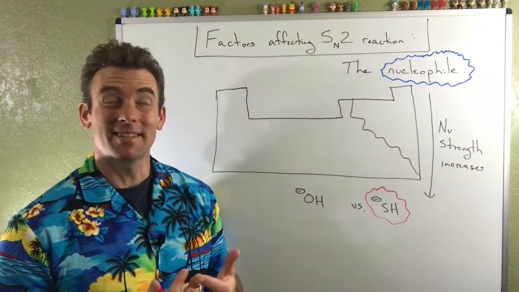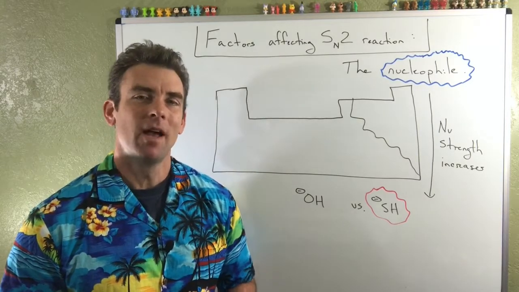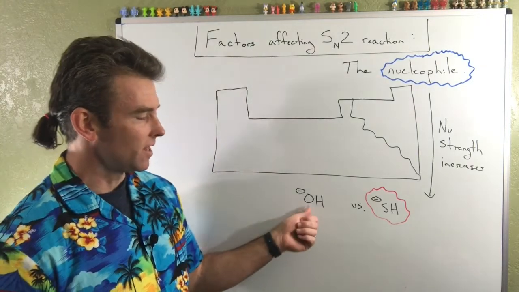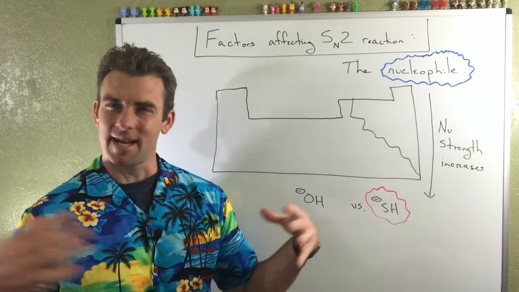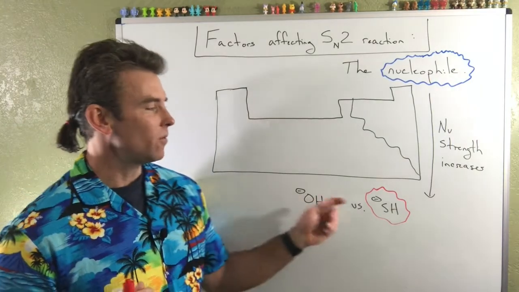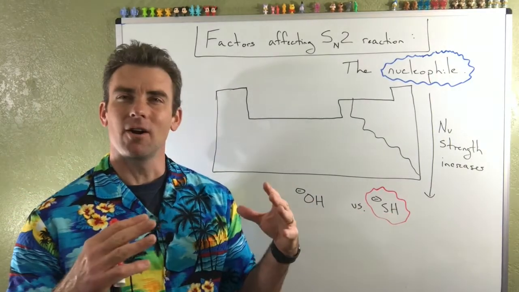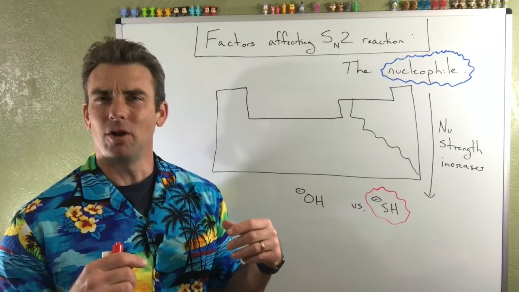If you're ever asked to explain the reasons for that, that's where things get a little funkier. And that has to do with the size of these different atoms. If you remember that atomic size increases as you go down the table, what we're saying with this SH being a stronger nucleophile, I always thought about it like a balloon animal, right?